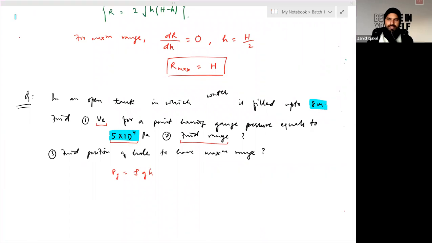Khalid, this is the total height of the tank up to which liquid is filled, and this is the gauge pressure from which you get the value of small h.